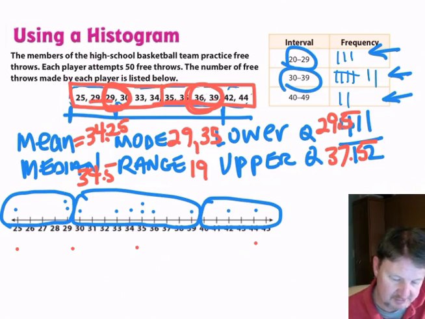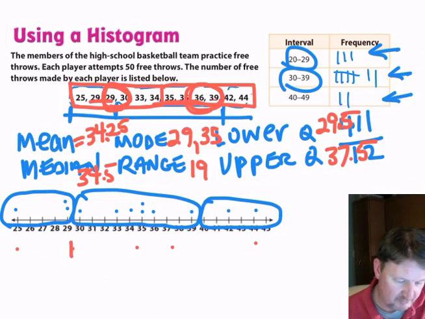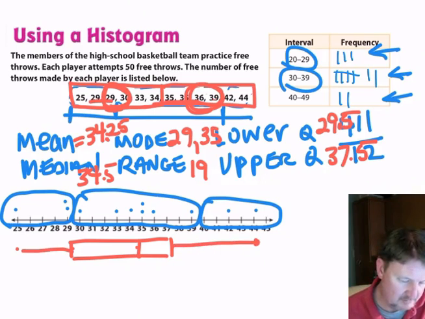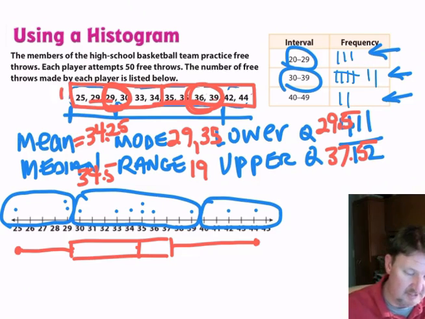My upper quartile is 37.5, which is right there. So I draw a vertical line here, here, and here. I box those in, and I draw a line going out to the ends of the range. Okay, so that's my box plot for the table of data.